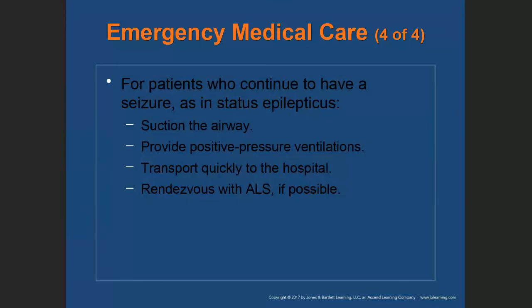For patients who continue to have a seizure or you suspect are in status epilepticus, suction the airway, provide positive pressure ventilation, transport quickly to the hospital, and rendezvous with an ALS unit, right? And remember, your management will take place in the post-ictal state.